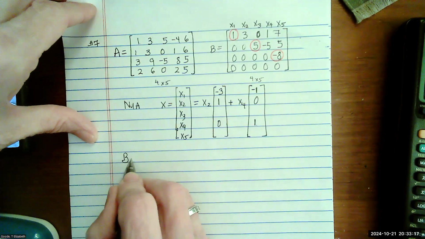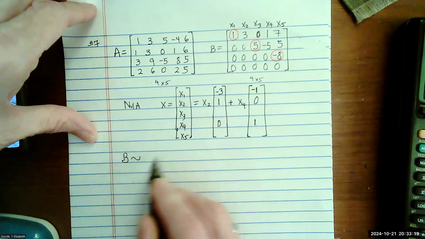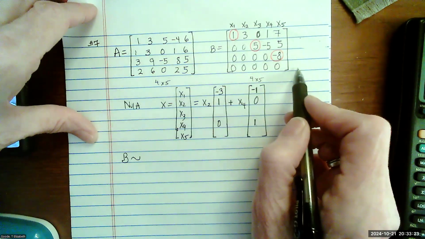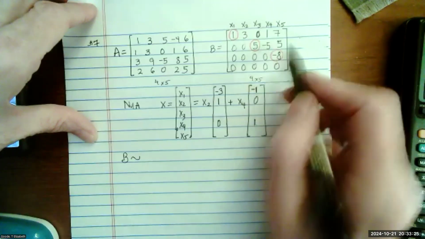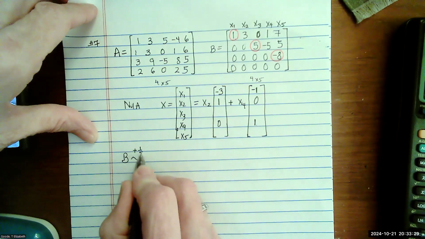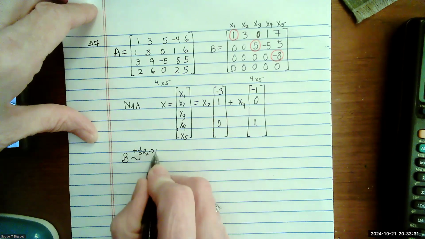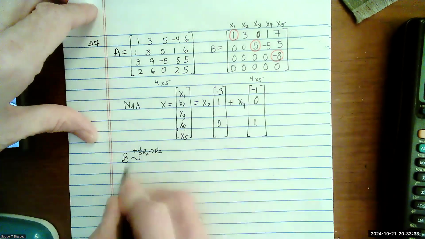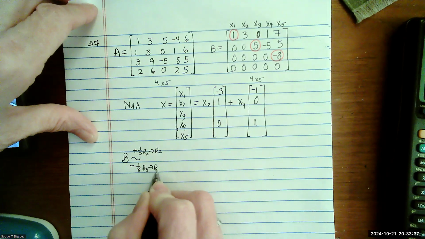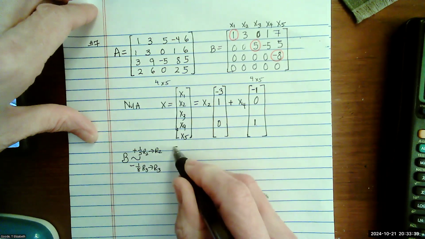So B is row equivalent to, all right, so let's do the row operations to completely row reduce this. We can take +1/5 row 2 replaces row 2, and at the same time -1/8 row 3 replaces row 3. You agree?